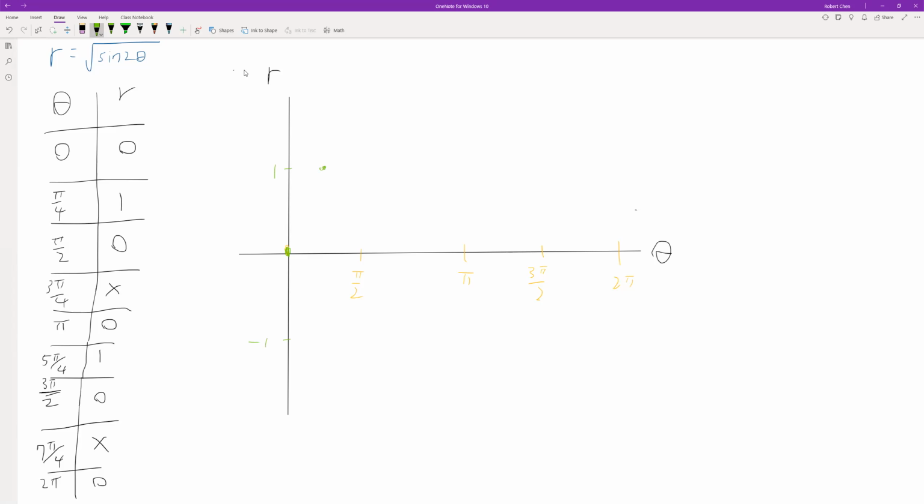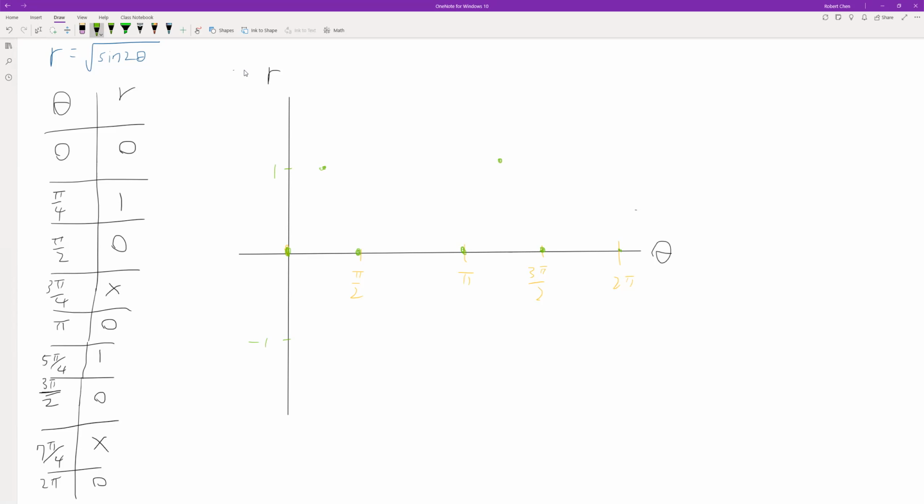Pi over 2, 0, right? And 3 pi over 4 is unknown, so we don't have to graph it. At pi, it's 0. 5 pi over 4 is 1, right? So that's right here. And then 3 pi over 2 is 0. Nothing between 3 pi over 2 and 2 pi, and then 2 pi is 0.